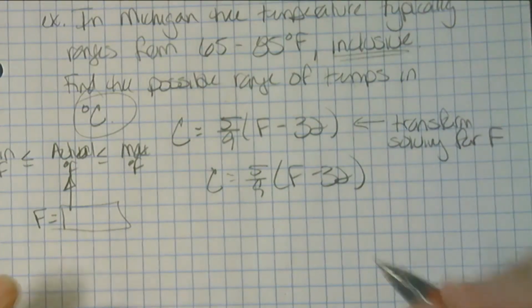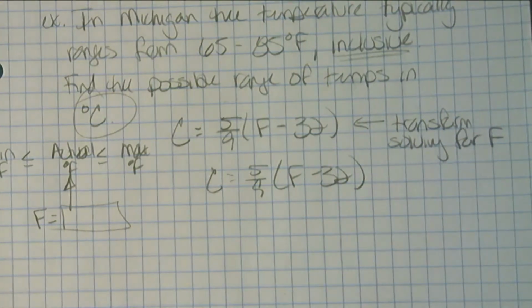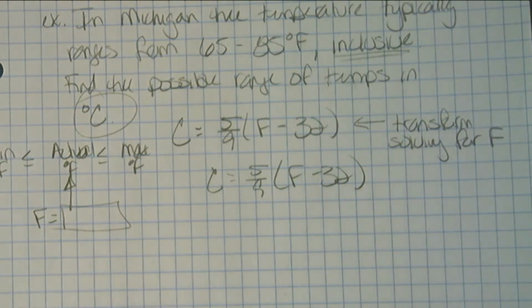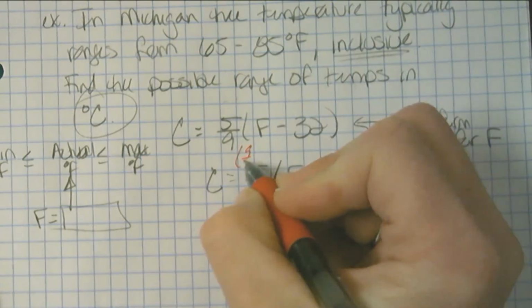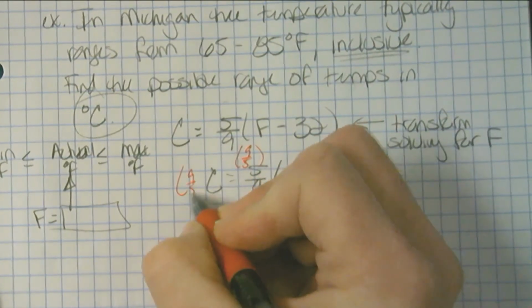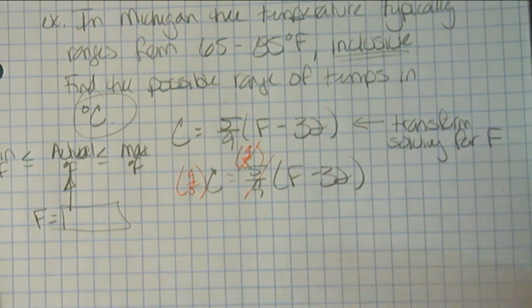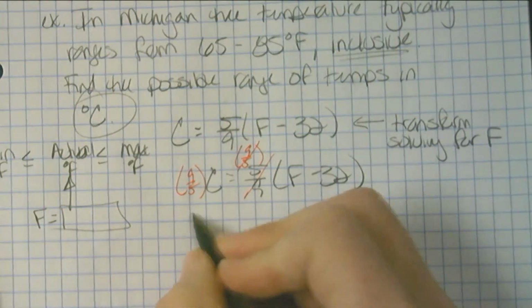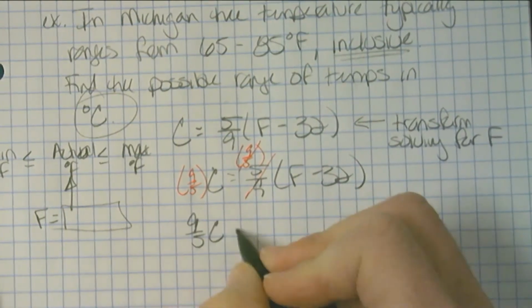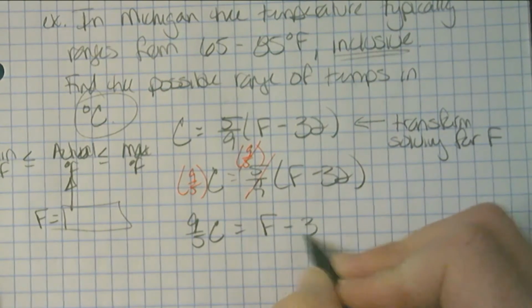Rita? Let's get rid of the fraction. So what am I going to do? Yes, I'm going to multiply by 9/5 on both sides. So I end up with 9/5 times C equals F minus 32.